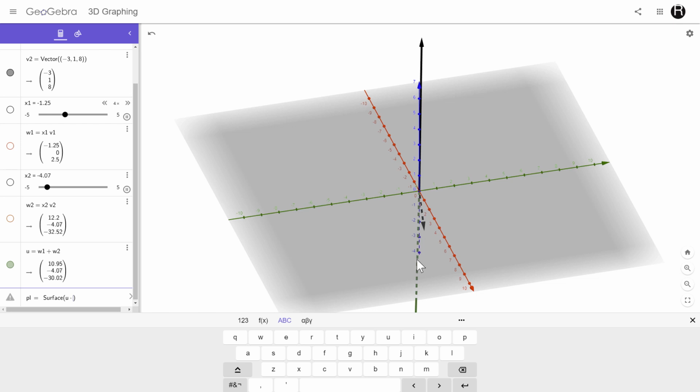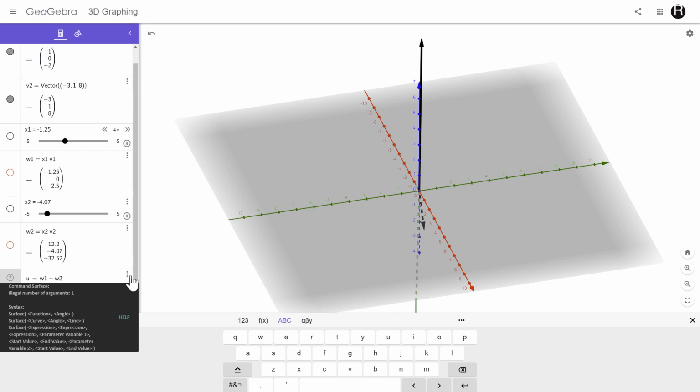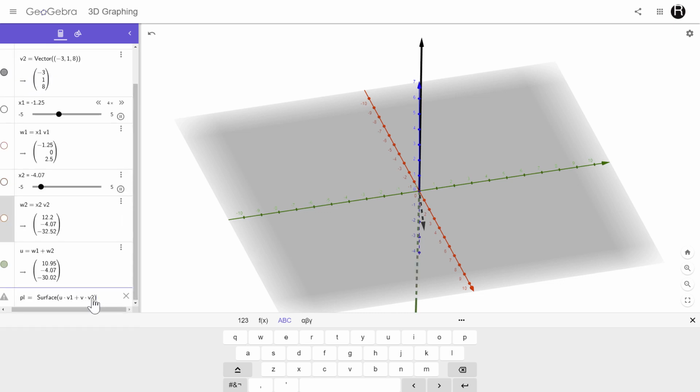So u times v1 plus v times v2. And then I think we have to include the limits for u. So u goes from, let's go from -5 to 5, and then v goes from -5 to 5.